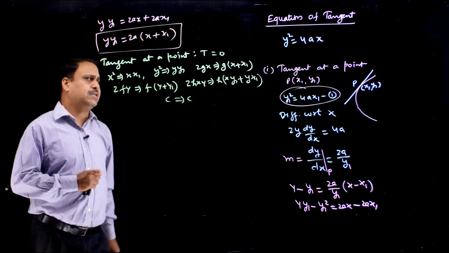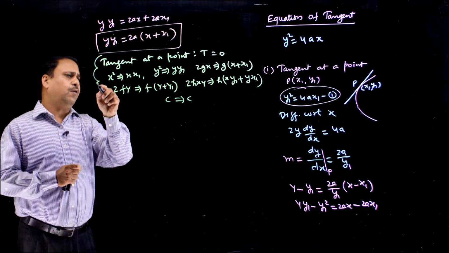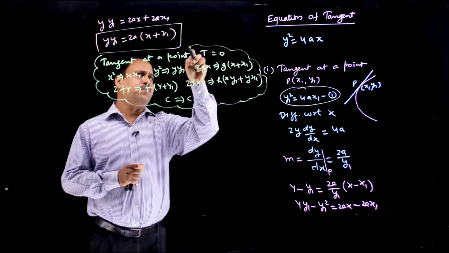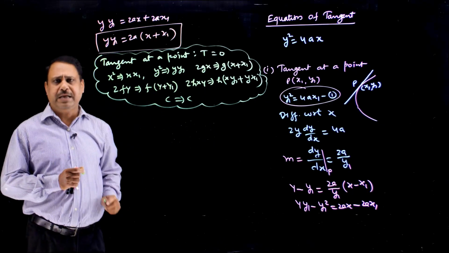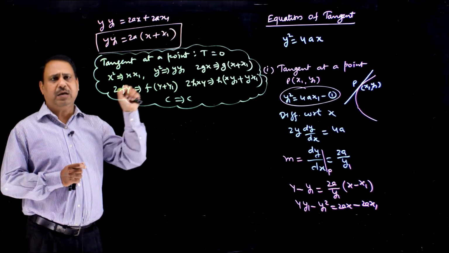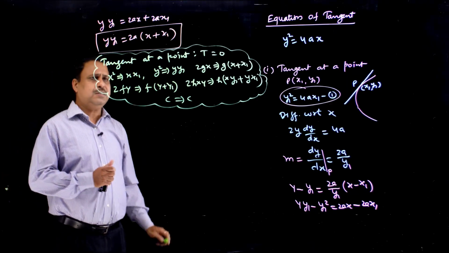There is no change in the c. This condition you can always use for second degree equations for finding the equation of tangent at a point, T. Here the only important condition is that the point must lie on the curve, otherwise I cannot use this equation.